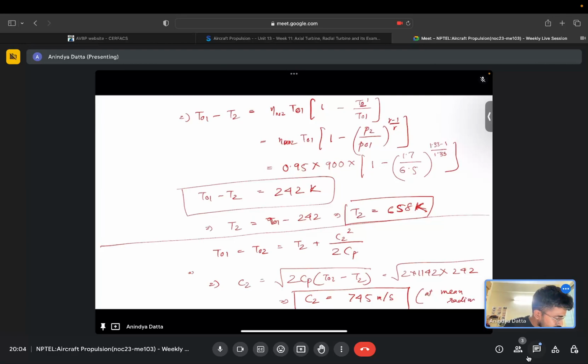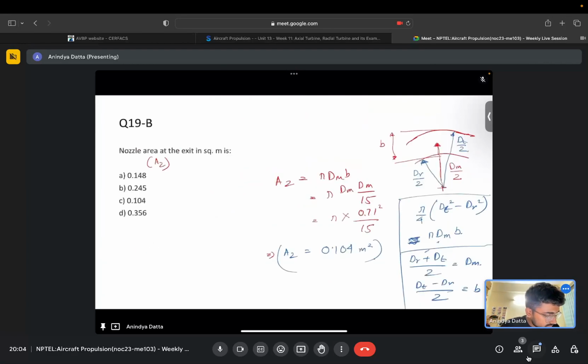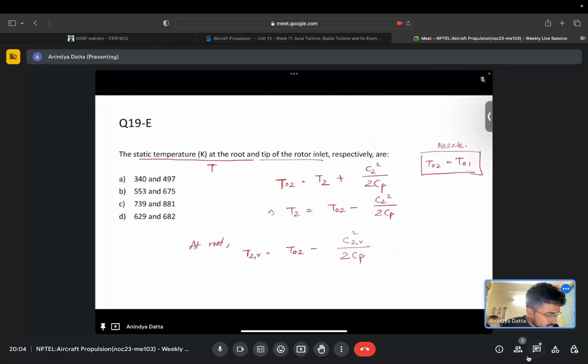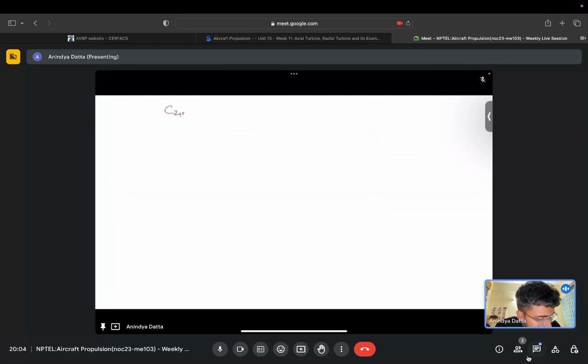So C2 at mean radius is 745 meter per second, and Ca we computed as 315 meter per second.